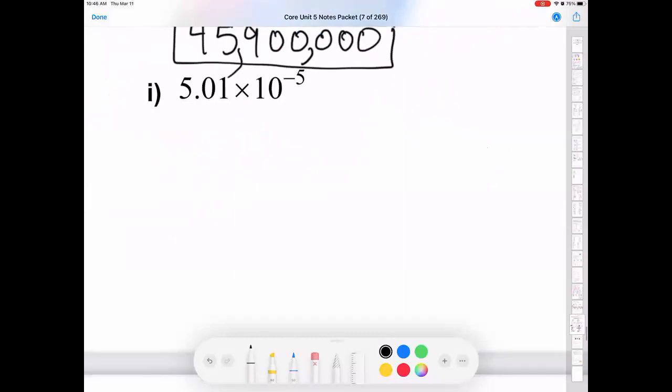For I, we have times 10 to the negative 5, so we know we're moving to the left 5 units. So we have 5.01 times 10 to the negative 5. We're going to take our decimal place and move it to the left 5. So that's 1, 2, 3, 4, 5.